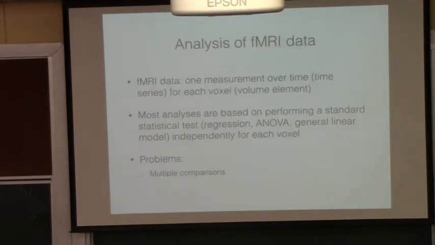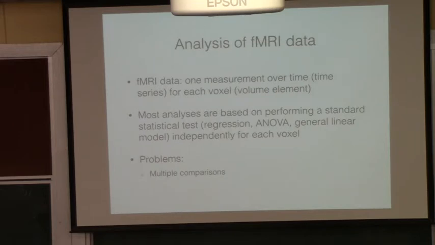To analyze fMRI data, you partition the brain into voxels, and you're looking at one measurement over time for each voxel in the brain, and you're pegging those to different task conditions throughout your experiment. Then you can use pretty standard statistical tests to regress and figure out how task conditions regress onto neural activity.